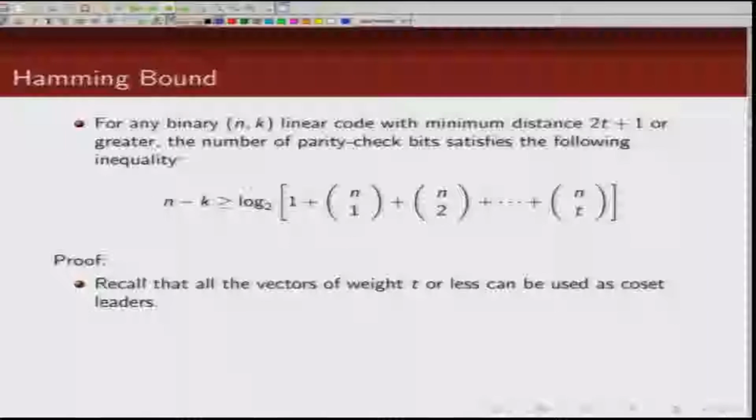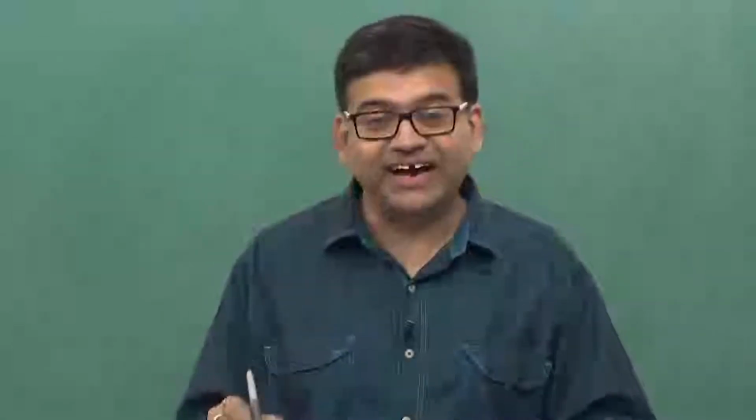Now if we are interested in a linear block code whose minimum distance is at least 2t plus 1, we know from the property of linear block codes that this code can correct t errors. Now if we look at our syndrome decoding, recall that if we want to correct t errors, all these error patterns of weight up to t should be the coset leaders.